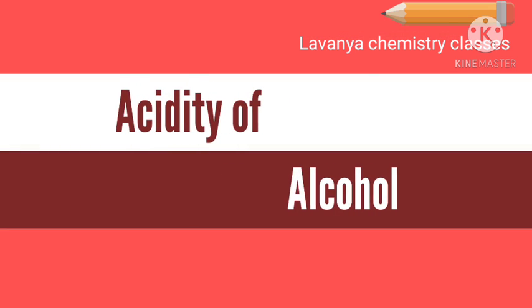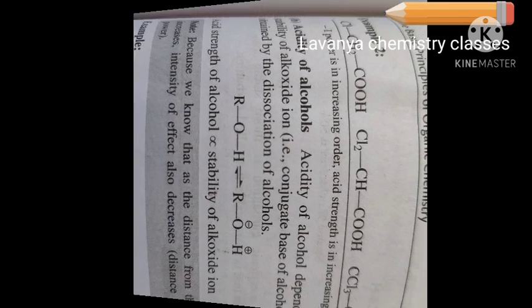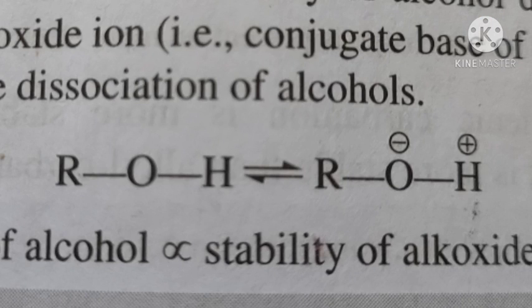And next one is acidity of alcohols. The acidity of alcohols depends on the stability of the alkoxide. Alkoxide means RO minus, the alkoxide ion, which is the conjugate base of the alcohol obtained by the dissociation of alcohols. ROH is an equilibrium reaction, so it can ionize.